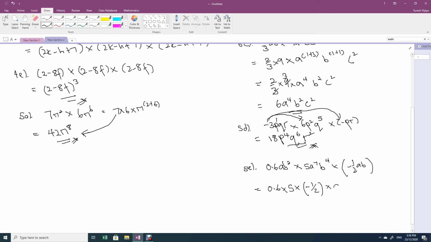Then a to the power of 1 plus 7 plus 1, and b to the power of 2 plus 4 plus 1. So what do we get? 0.3 times 5 will be 1.5, sorry, there's another negative sign, so negative 1.5 a to the power of 9 and b to the power of 7. This is the answer for 5e.